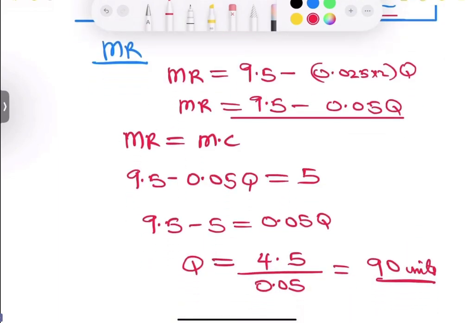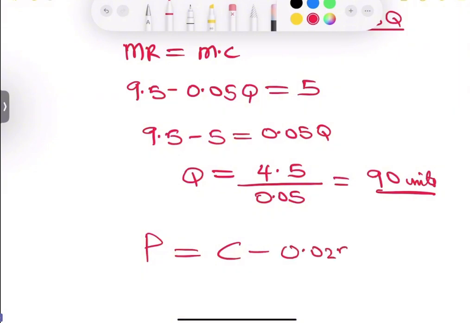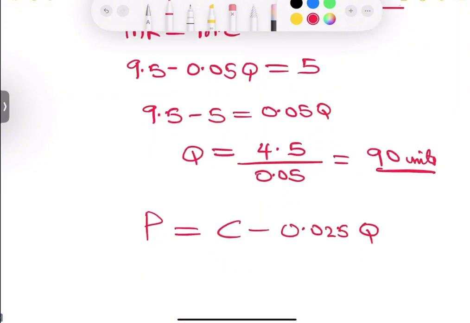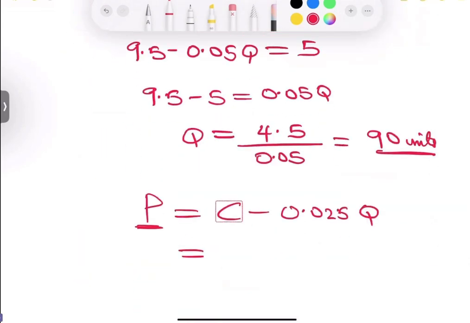Since we know that our demand function says P equals C minus 0.025 Q, the price that we want to calculate, we know our C already. We know our Q is 90. So what do we get as C? 9.5.